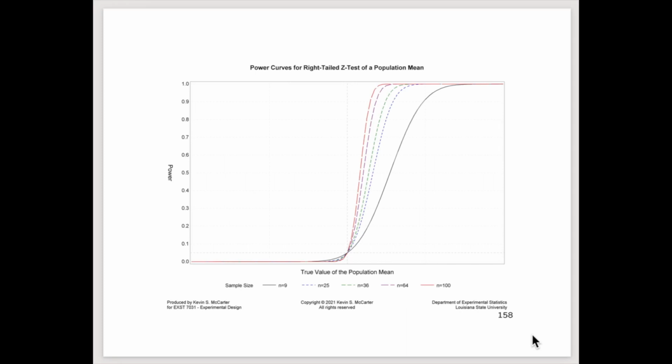They want to get the most information they can from the resources they are investing in the experimentation process.